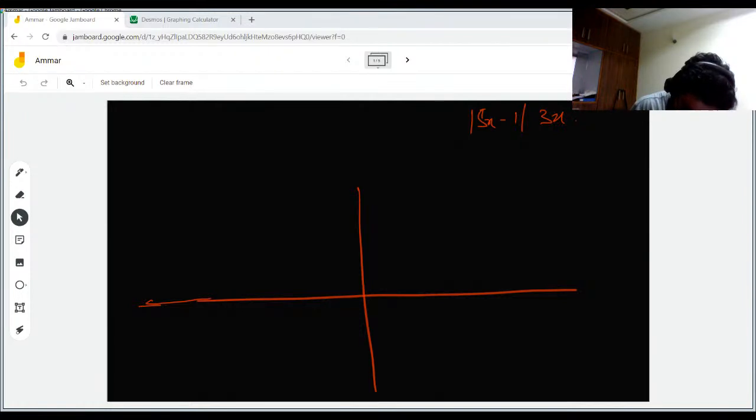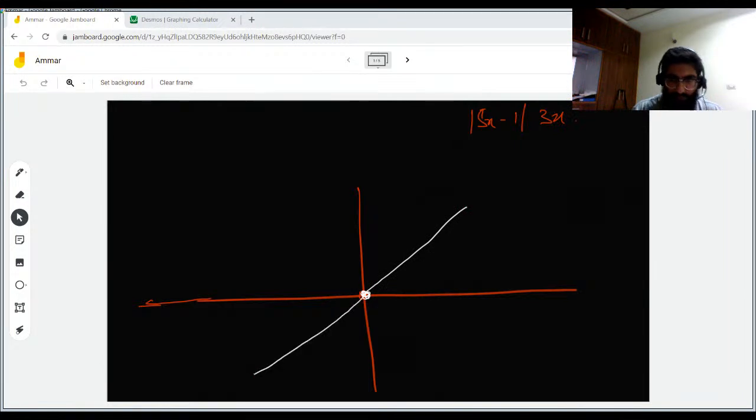It would be passing through the origin, so its x and y intercepts both will be 0, and its gradient will be 3, because the straight line equation is y is equal to mx plus c. So this line is y is equal to 3x.